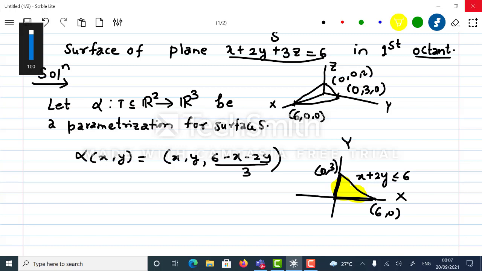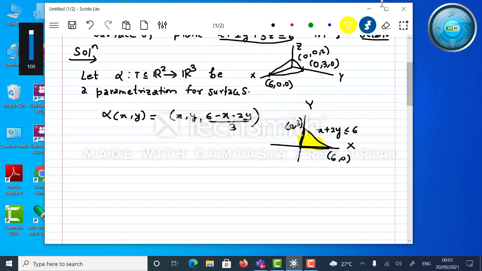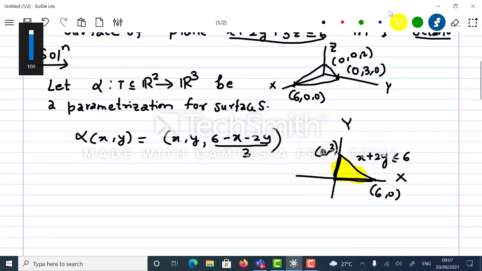Okay, so we know how to find out the surface integral.